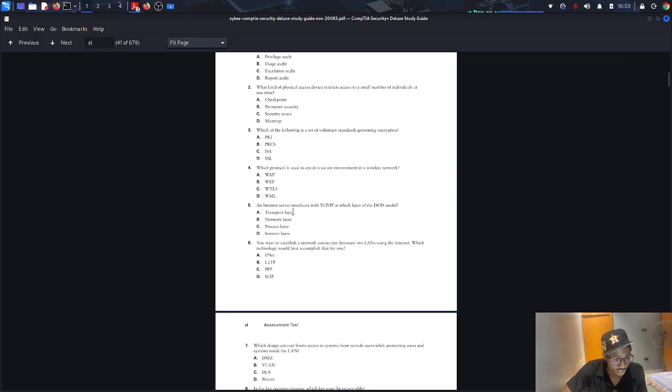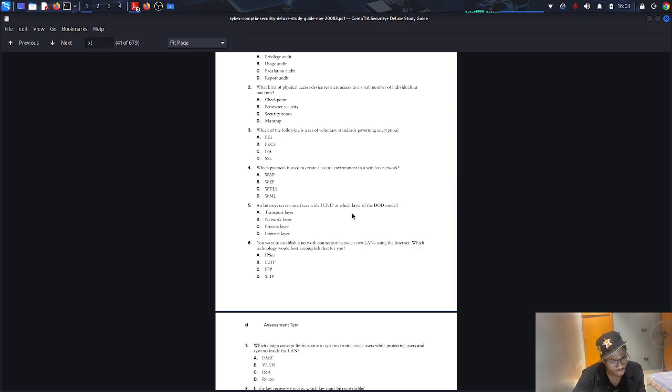An Internet server interfaces with TCP and IP at which layer of the DoD model? Internet layer, process layer.